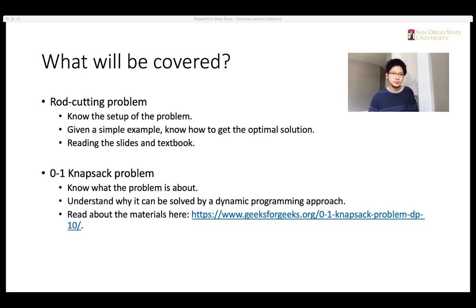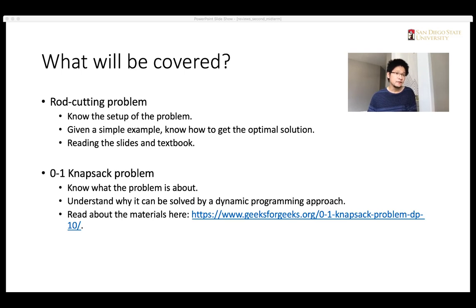And the second question is about the 0 or 1 knapsack problem, or the so-called discrete knapsack problem. We have talked about it in the last few slides of the greedy algorithms lecture.